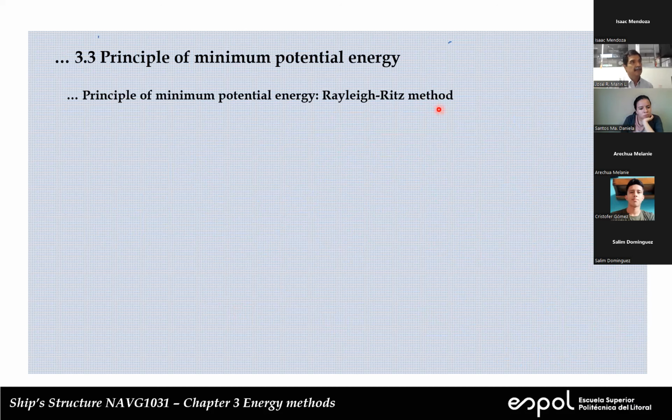Rayleigh-Ritz method. So, as I said before, it's a very complex situation, right? Because you can imagine many forms for the solution. So how can we differentiate?